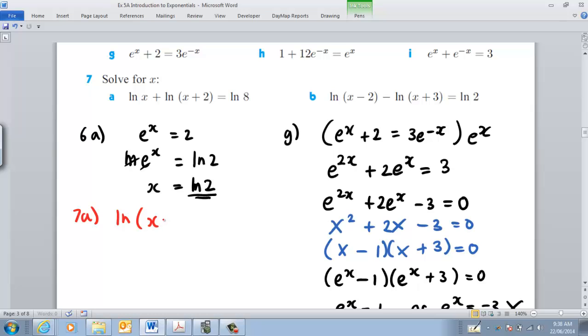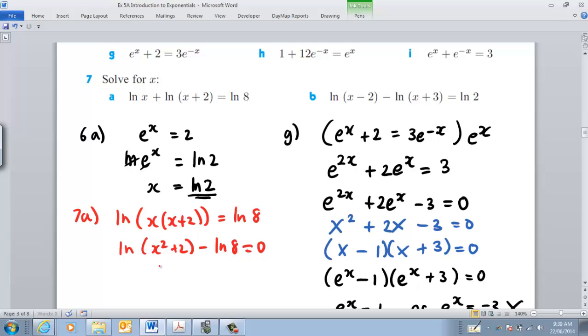So that's going to be x times x plus 2 equals ln of 8, isn't it? And then over here we're going to go, we might as well times it out, x squared plus 2x, and then it's going to be take ln of 8 equals 0.